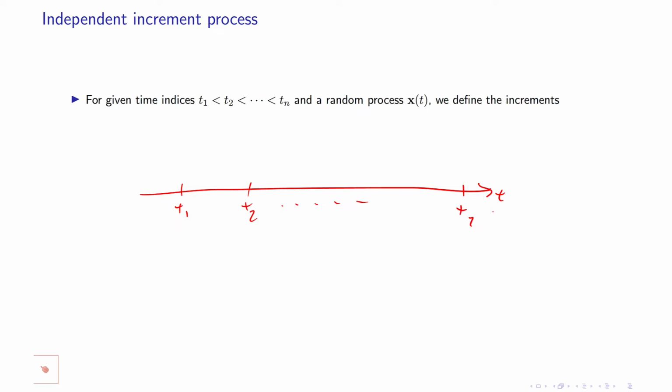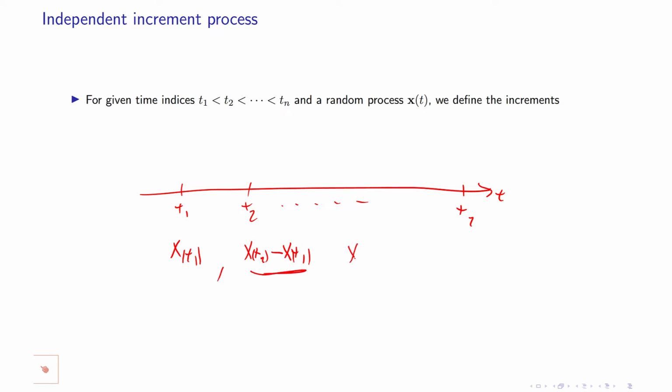They don't need to be uniformly spaced, just arbitrary time instances. And we define x of t2, the value at the second time, minus the value x of t1. So this difference is the increment.